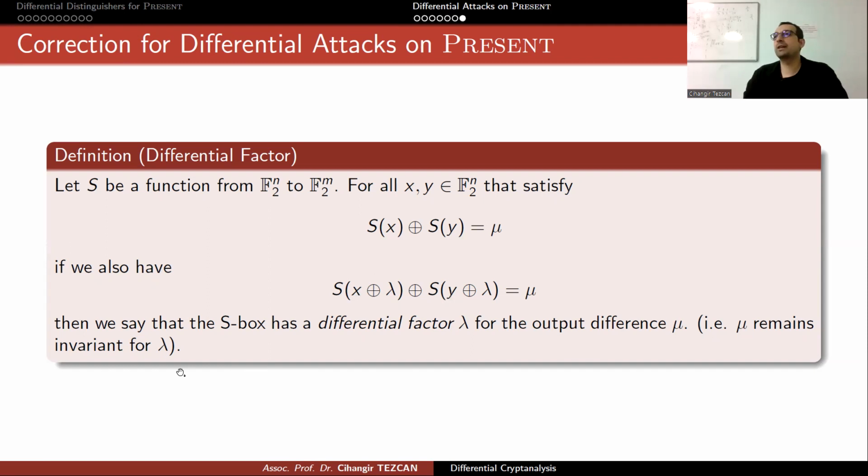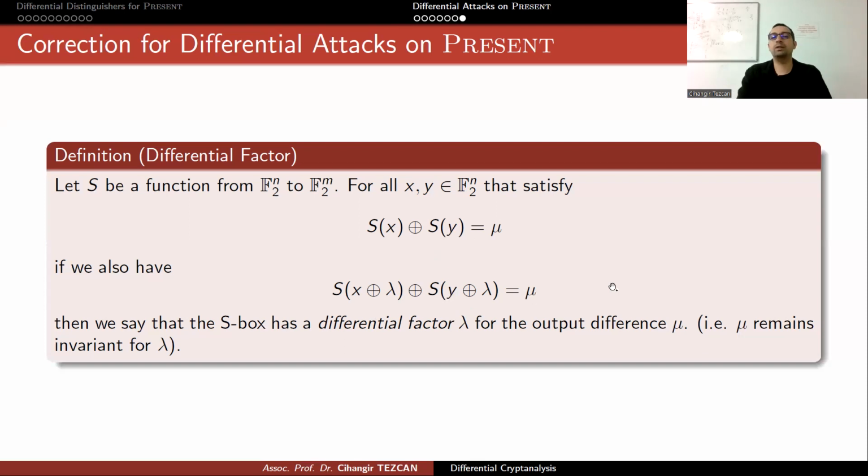So you might ask why this is important, right? This is important because before the S box operation, we XOR these values with the round keys, right? So I'm saying that now, since I don't know the secret key just before this XOR value, if XORing it with lambda doesn't affect the output, this means that a secret key K and the secret key K XOR lambda will always give you the same output difference.